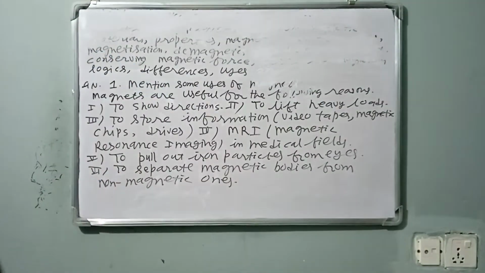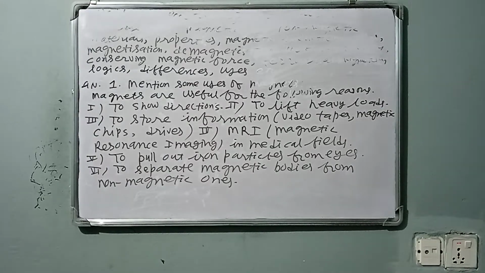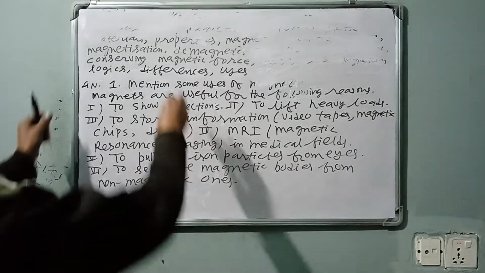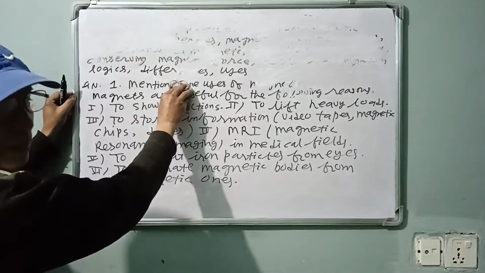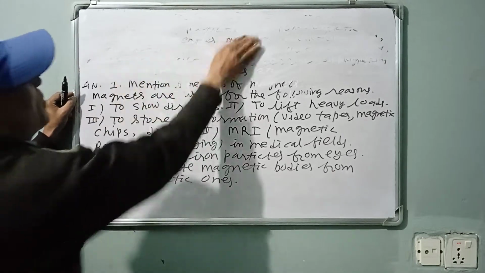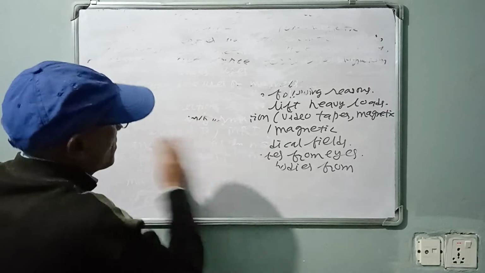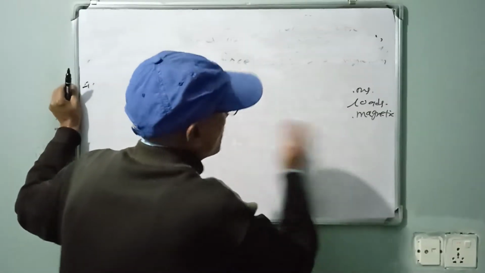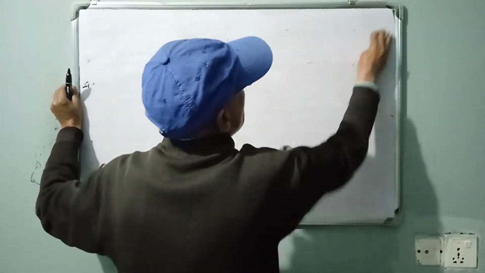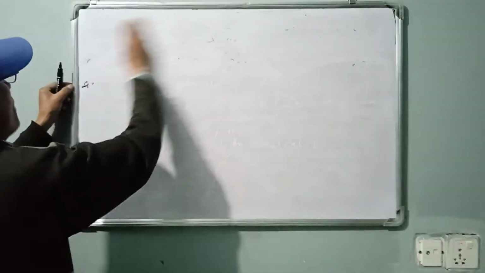One important thing is, a magnet is not a magic box. It is neither magic nor miracle. It is science. Remember. Question number 1 is uses of magnets.